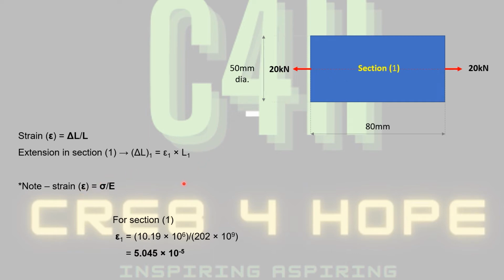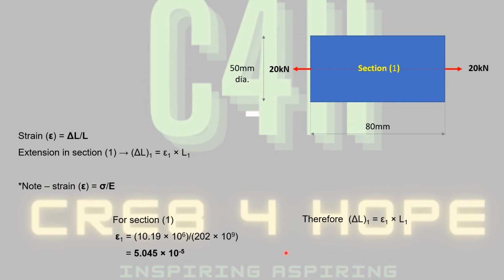So for section 1, we calculated the stress to be 10.19 MPa, and we've been given E for the material to be 202 gigapascals. So all that we have to do is just substitute the known variables into the equation to calculate the strain, and we get a value of 5.045 times 10 to the power minus 5. And don't forget, this is dimensionless, so there are no units.